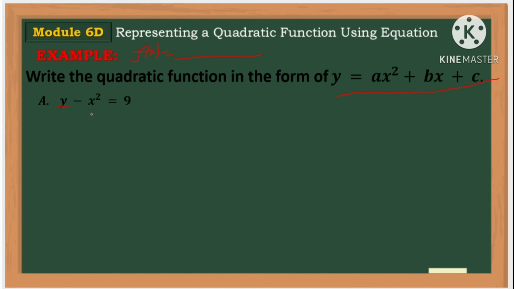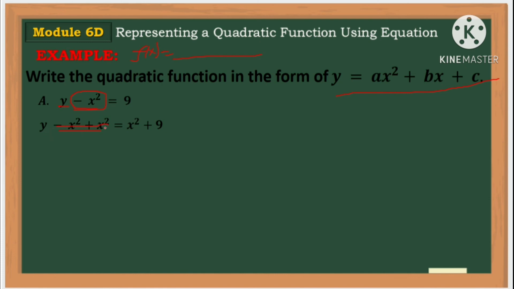So, first, ang gagawin natin, pwede natin siyang i-add. Mag-add tayo dito ng x squared. Then, mag-add din tayo dito para ito ay maging 0. So, ito siya. So, negative x squared plus x squared, automatic, ito ay 0 na yan. So, ang remaining ay y.